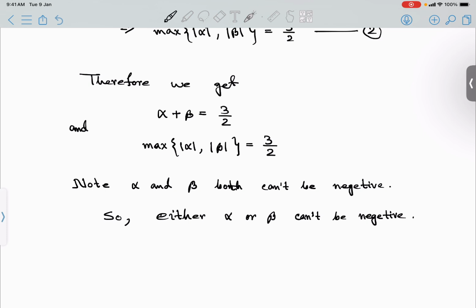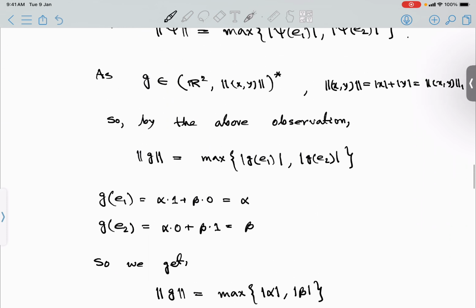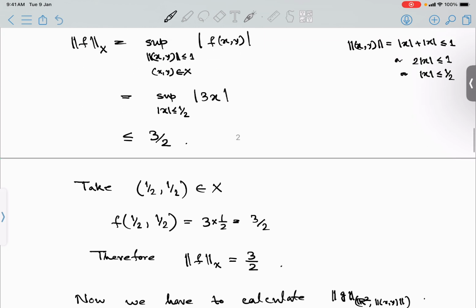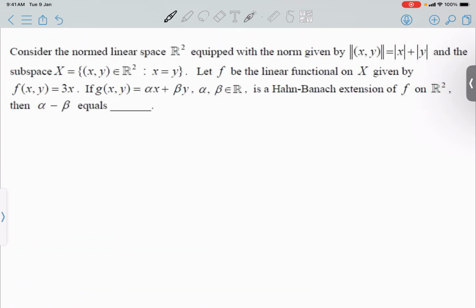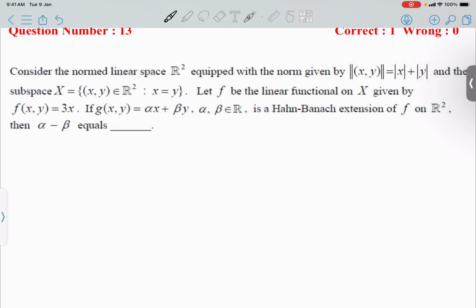Now what are the possible values? Suppose alpha is 0. Then G is basically beta y, and beta will be 3 by 2.